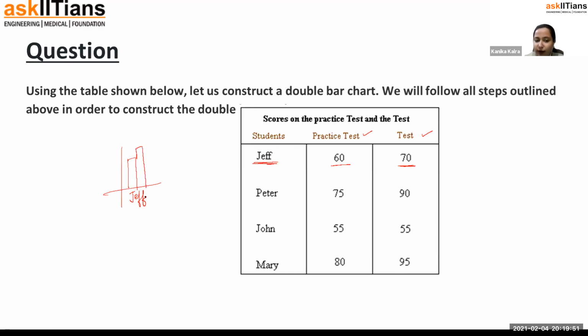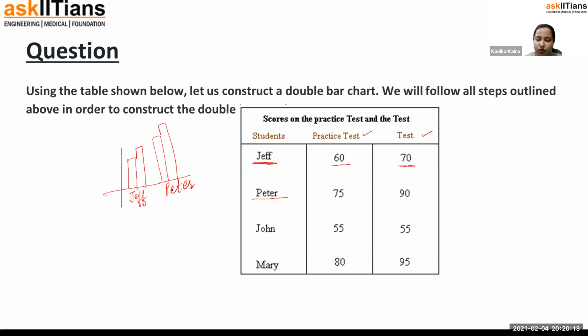So for Jeff, you draw two bars, one for the practice test and one for the final test. Similarly, for Peter, this would be 75, and for the final test, this would be 90. So this is how it works.